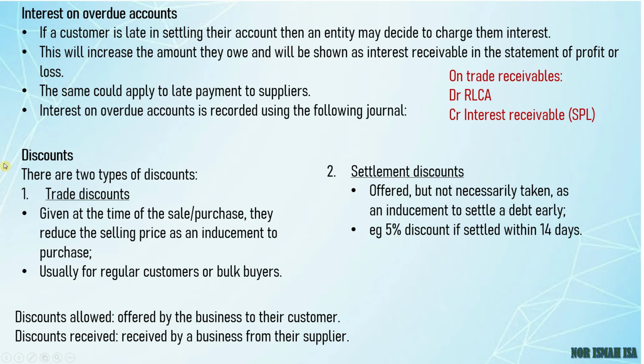So this is the terminology that you need to know. One is discount allowed, offered by the business to their customer, and discount received by a business from the supplier. Bear in mind that in the financial statement, this discount allowed won't appear anymore according to IFRS 15.